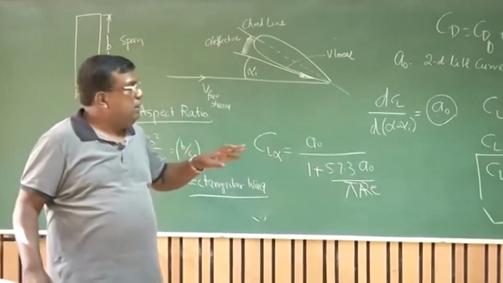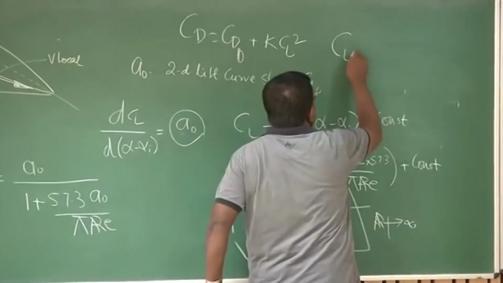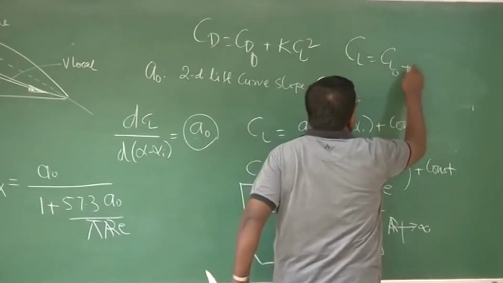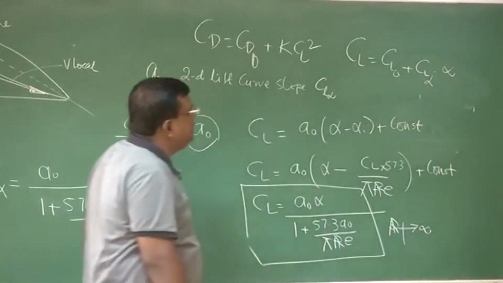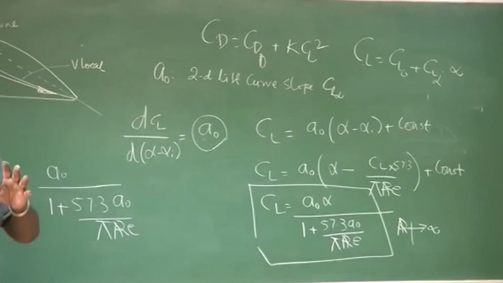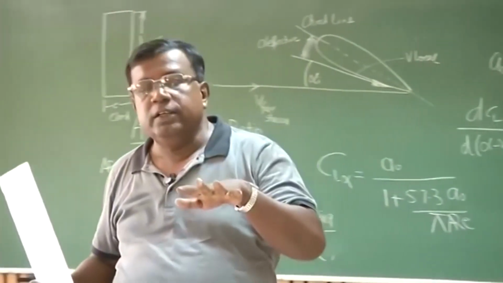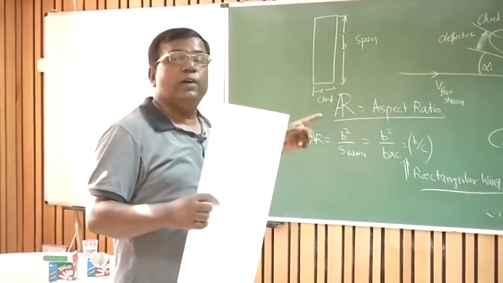Why do I need a relationship between CL and alpha? Remember, we have written CL equal to CL naught plus CL alpha into alpha. Why do we require this? Because to maintain lift equal to weight, we need some CL, which will be given by the lift equal to weight equation.